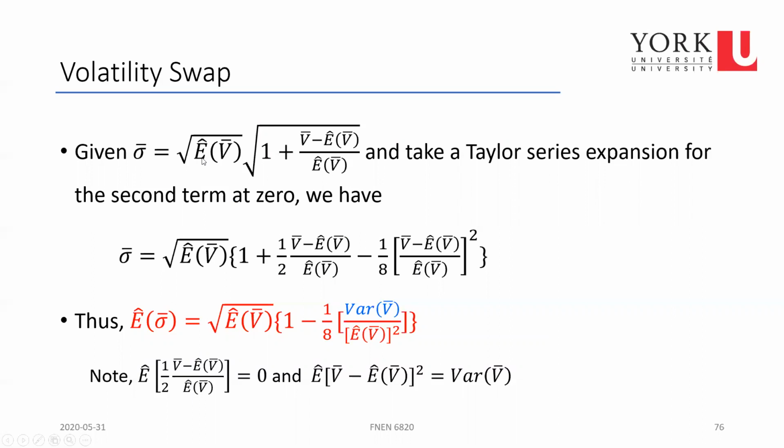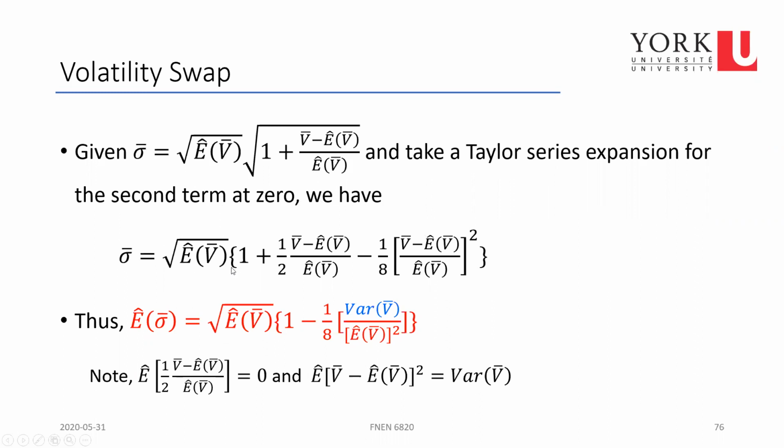Now to do that, we know that the realized vol is really equal to this. So this multiple is basically the square root of V bar, which is basically sigma bar. Then we can take the Taylor expansion for the second term at 0.